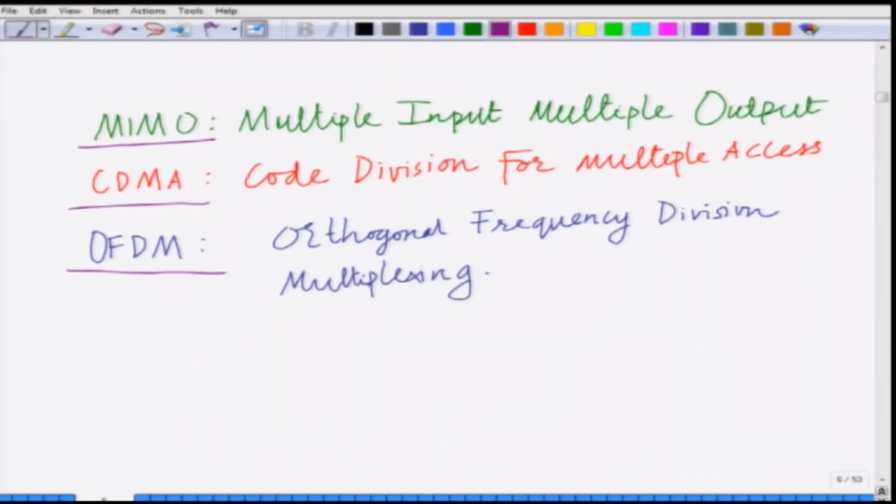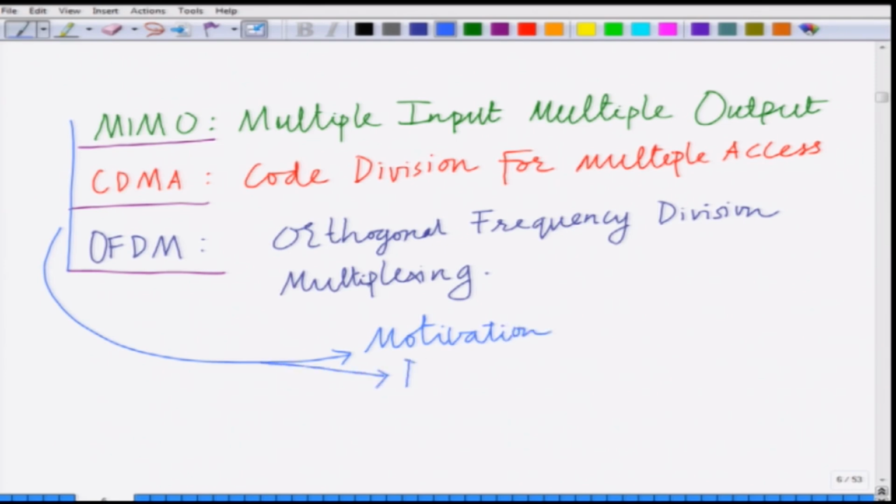So, in this course, we will primarily be focusing on these three technologies, that is MIMO, CDMA and OFDM. We will be studying various aspects of these technologies such as the motivation, the details of these schemes, and also the performance, which is the most important thing, that is how to analyze the performance.